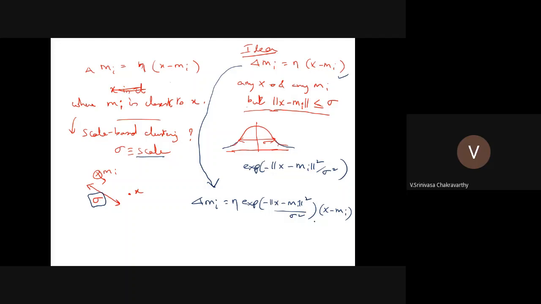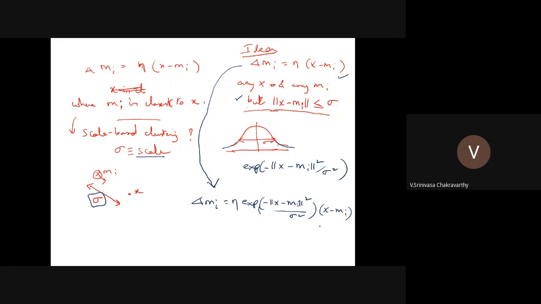So now if you see this equation, you are doing the update of x minus mi just like before, but this is now weighted by another function which is significantly high only when x is sufficiently close to mi. When the norm of x minus mi is too big, then this becomes small, so mi is not attracted towards x. So this is very similar to the abrupt cost function. The only thing is it is done in a smoother fashion, not abruptly at that radius. If the distance is more than that radius, it punishes that in a more soft fashion.